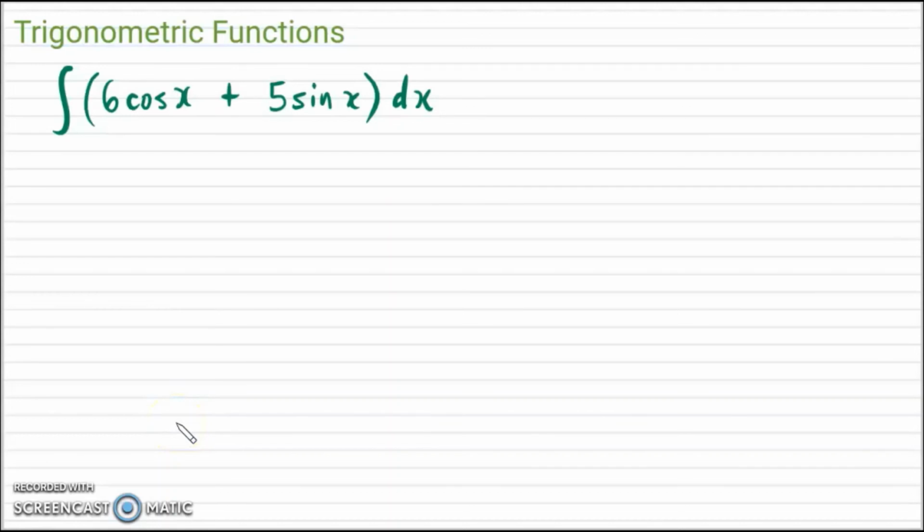Example that involves trigonometric functions. Let's have the integral 6 cosine x plus 5 sine x dx.